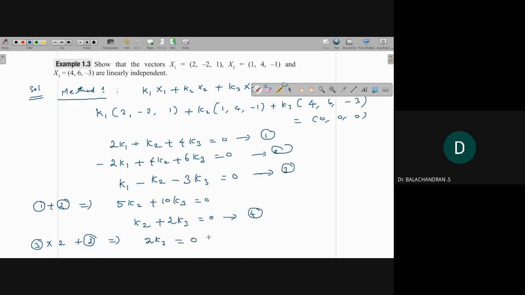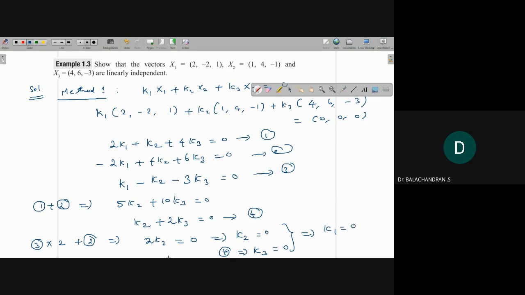This implies k2 = 0. If k2 = 0, equation 4 implies k3 = 0. If k2 and k3 are 0, then substituting into any one of equations 1, 2, 3, you'll get k1 = 0.